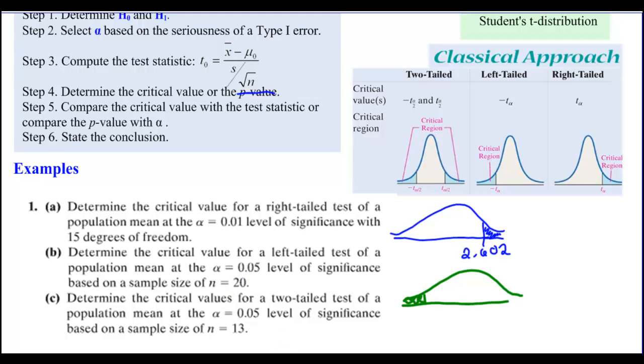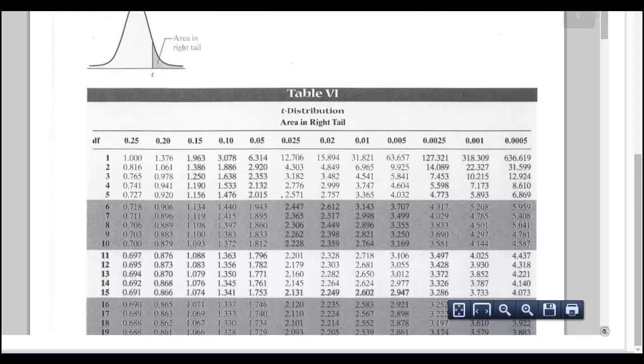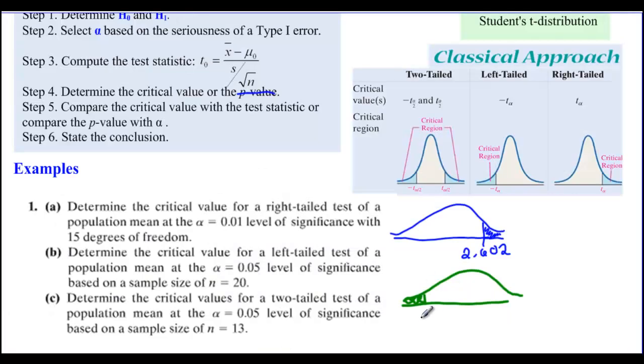So we're going to go back. So we have alpha of 0.05. We're going to scroll down just a little bit. So 0.05, we had a sample size of 20, which means we have 19 degrees of freedom. So 1.729. I'm going to write down 1.729, but first we need to discuss this.